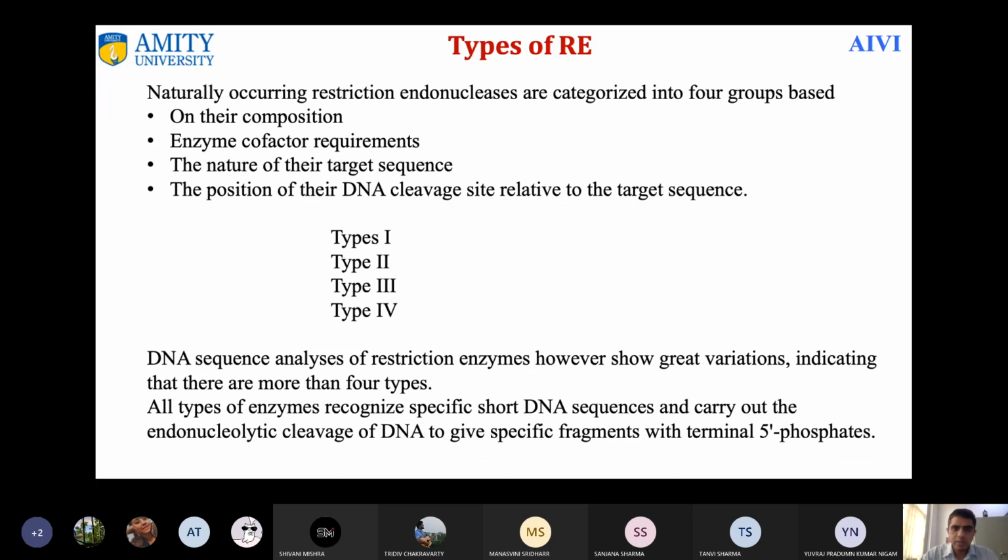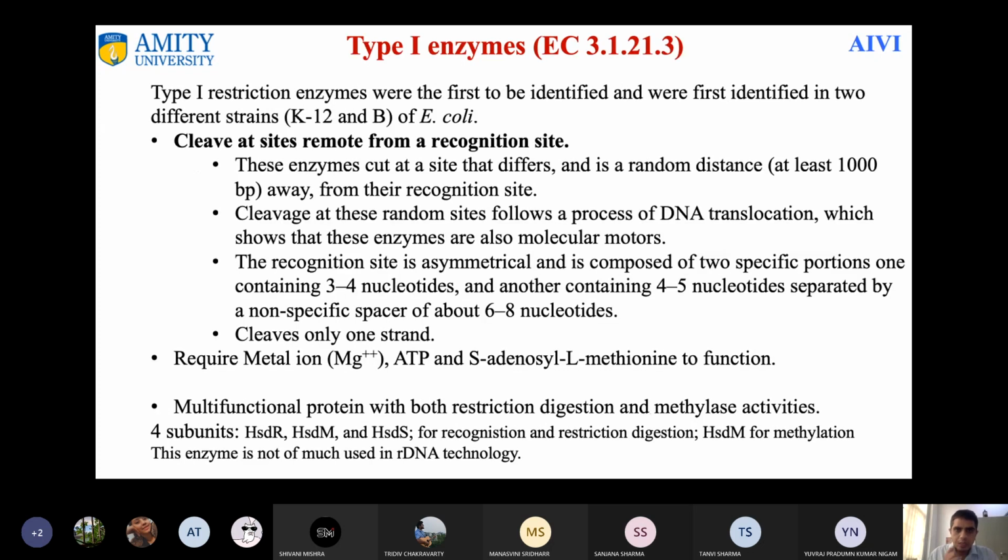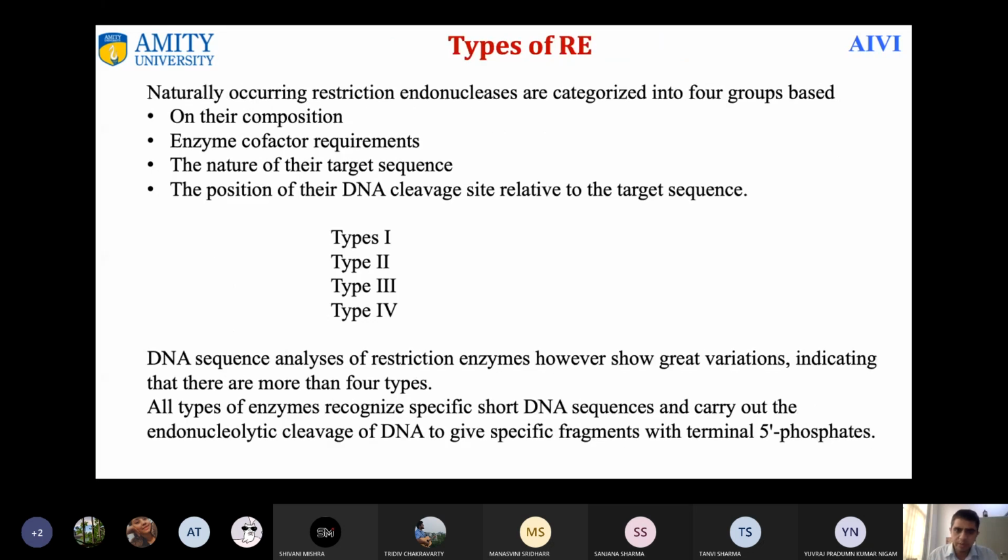Then we talked about the different types of restriction nucleases. We mentioned there are basically three, but now the classes keep on increasing, to 4, 5, 6, though three are of much more importance than the others. We characterize type 1, type 2, and type 3 on the basis of their properties, what type of action they do.